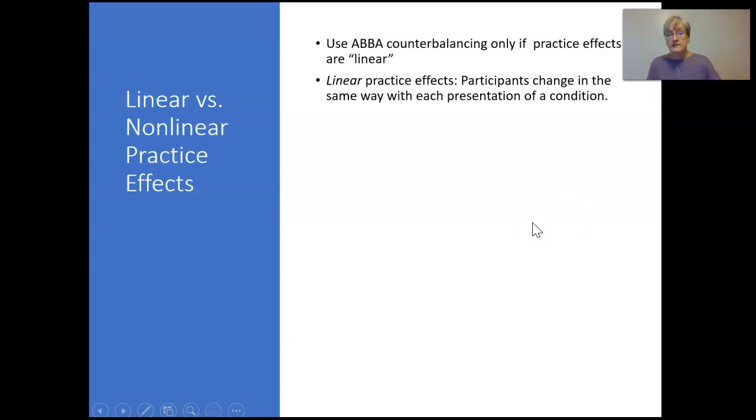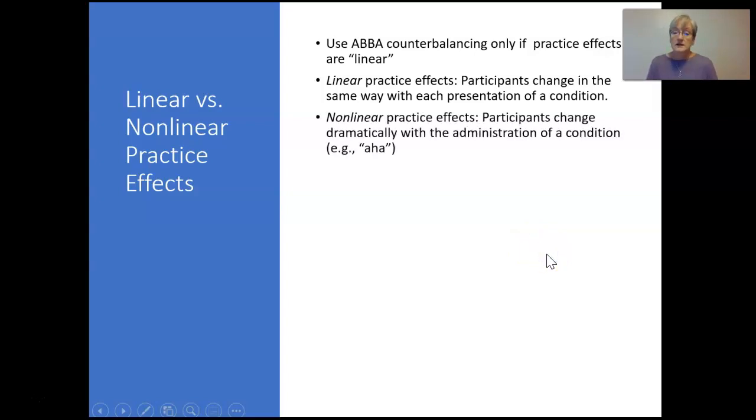So let's say it's a fatigue issue. Over time, they're all going to get more tired and their performance is going to go down. Regardless of what condition they start with, fatigue wears them out and their performance gets worse. Or if it's a straight practice effect, that over the course of participation, they get better at the task. And all of them tend to get better at the task, regardless of which condition they start with. Those would be linear practice effects.